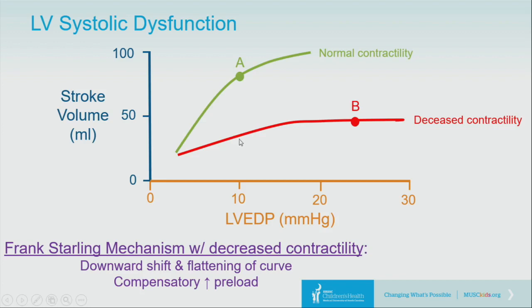But if you increase preload, either by interventions or by the auto compensation of the patient as a compensatory mechanism, preload increases, and you can get a somewhat recovery, but not complete recovery, of your stroke volume.